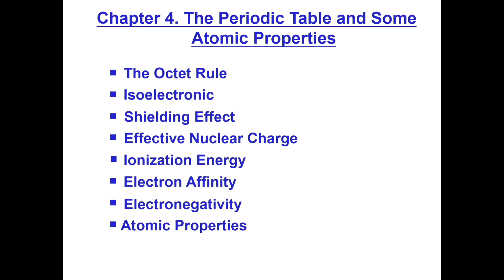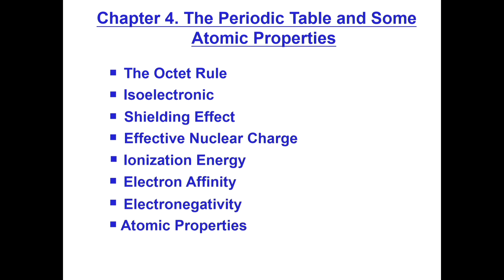Okay, so last time we introduced chapter 4. It's about the periodic table and some atomic properties. Before this chapter, we introduced how to fill the atoms or elements into the table.